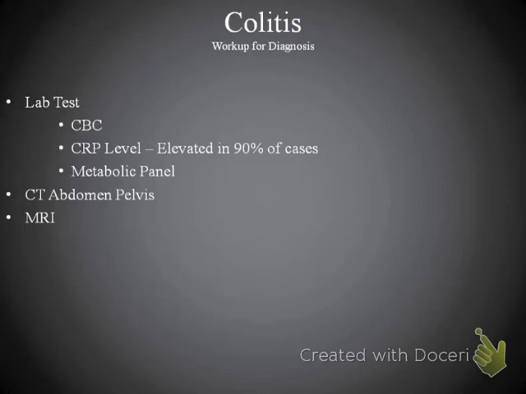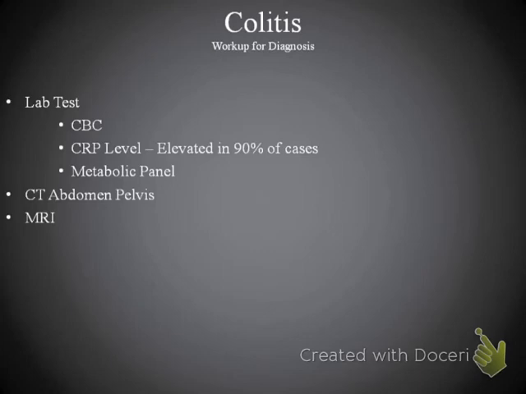Metabolic panel, just to see if there are any abnormalities, dehydration, things like that. Also, I typically look for C. difficile levels, just to see if, due to antibiotic therapy, this level has increased and caused colitis. Also, we're potentially going to do a CT abdomen pelvis.